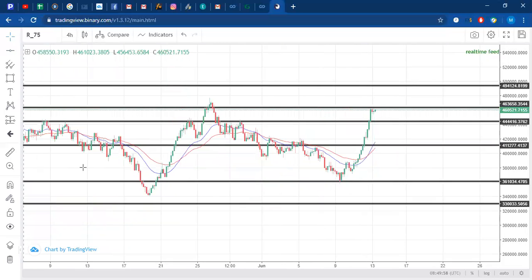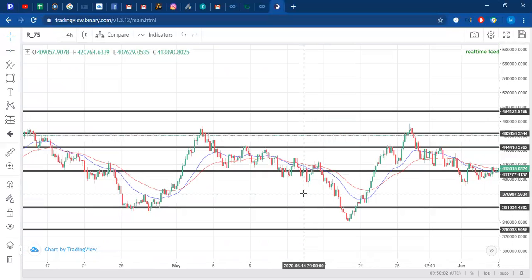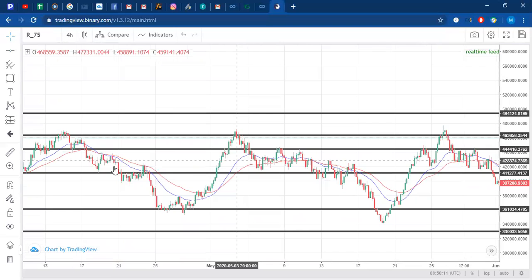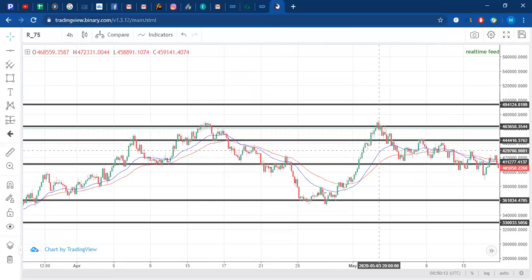Yes, you can see this, guys. This market, this Volatility 75 Index, is a trending market. It trends like forever. You see this uptrend here, downtrend, uptrend, downtrend.